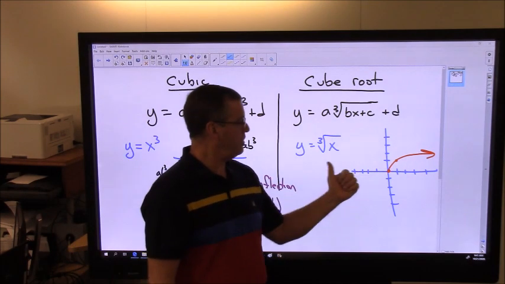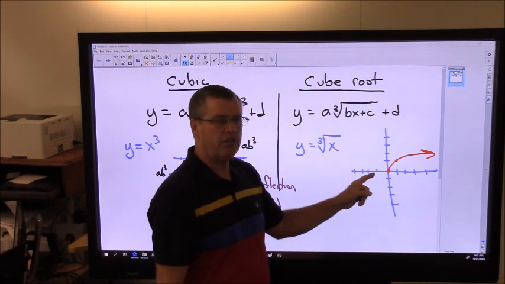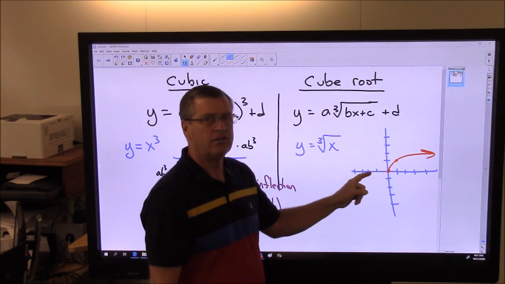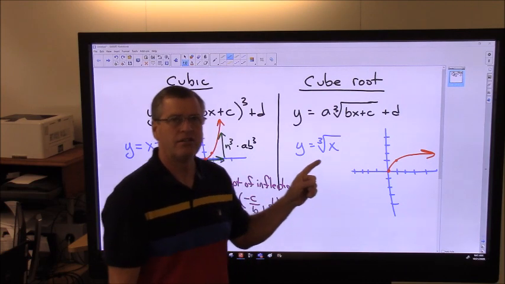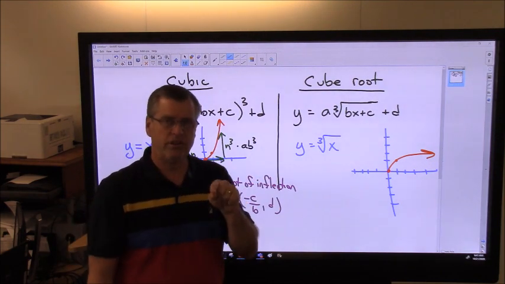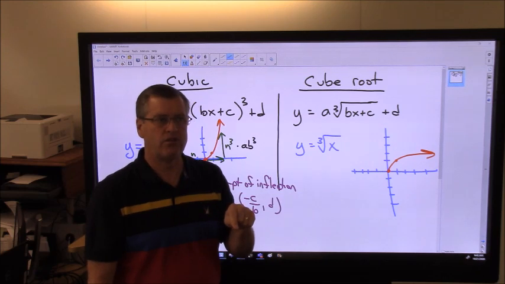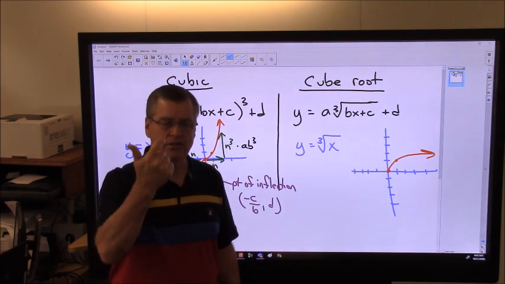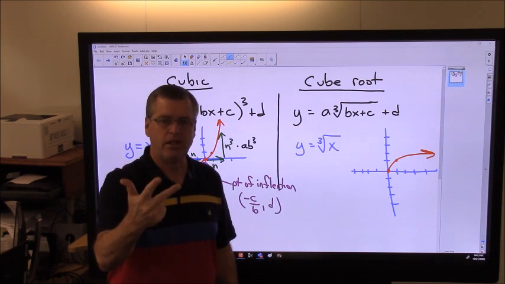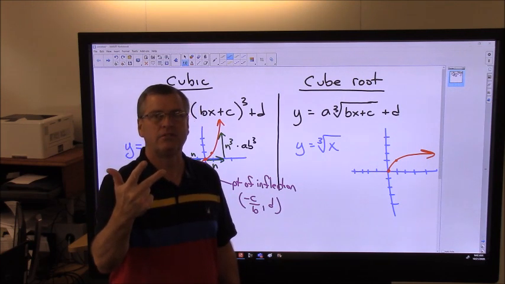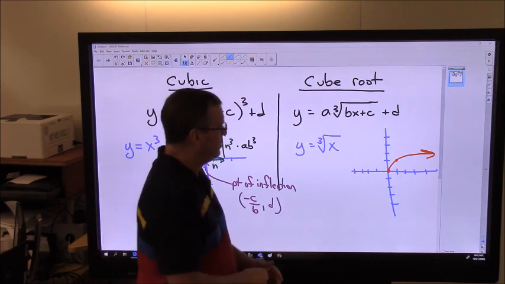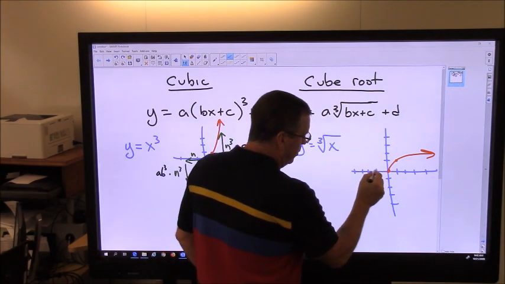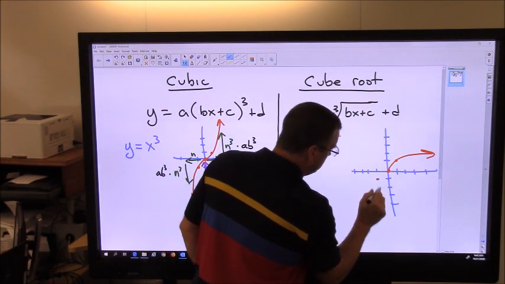Now what about if we go this way? Can we do the cube root of a negative number? Yeah, we can. The cube root of a negative 1. What number times itself 3 times equals a negative 1? Well, a negative 1 times a negative 1 times a negative 1 equals negative 1, right? So the cube root of negative 1 is negative 1.